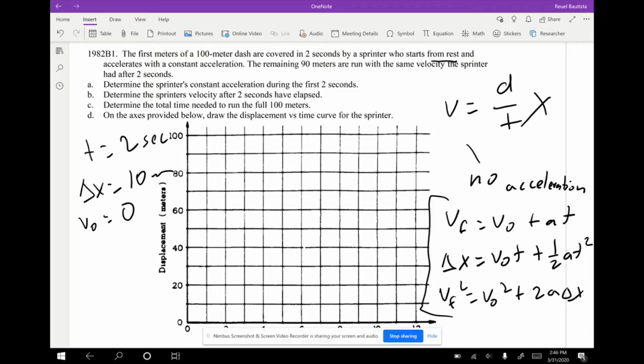Which of the 3 kinematics equations can I use to find the acceleration during the first 2 seconds? Please type in your answers on chat. So which equation can we use to answer part A?